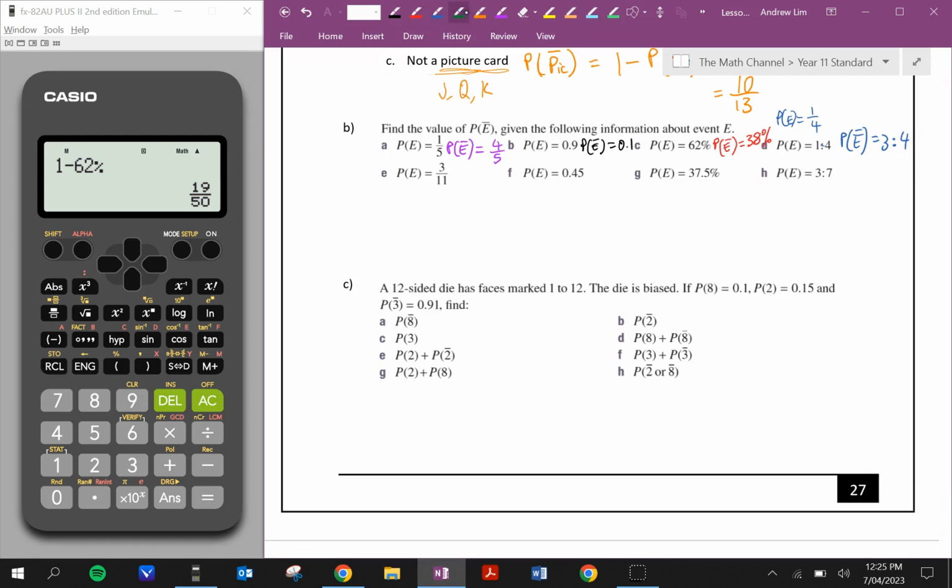Question E. The probability of an event is 3 on 11, so the probability of its complement is 8 over 11. Okay, 1 minus 3 on 11. Question F, the probability of an event is 0.45, so the probability of its complement is 0.55.